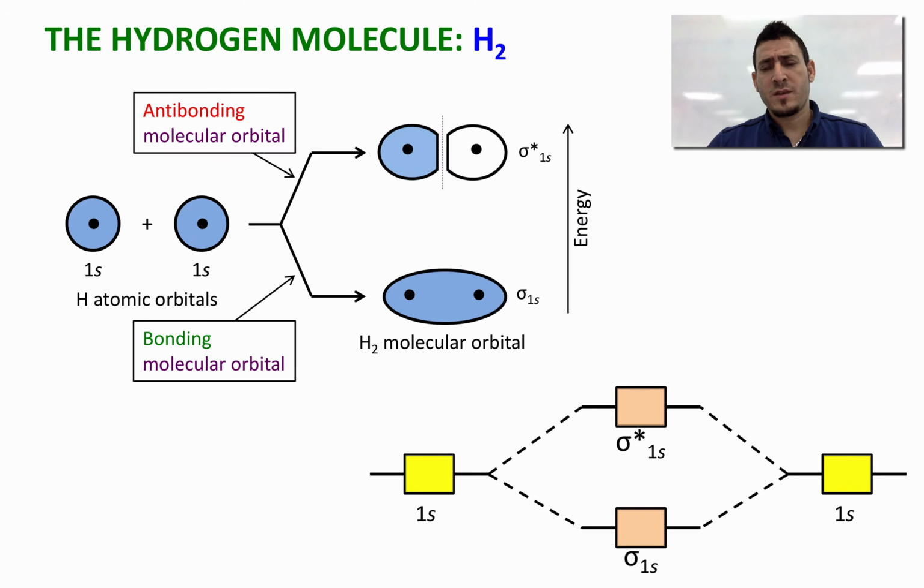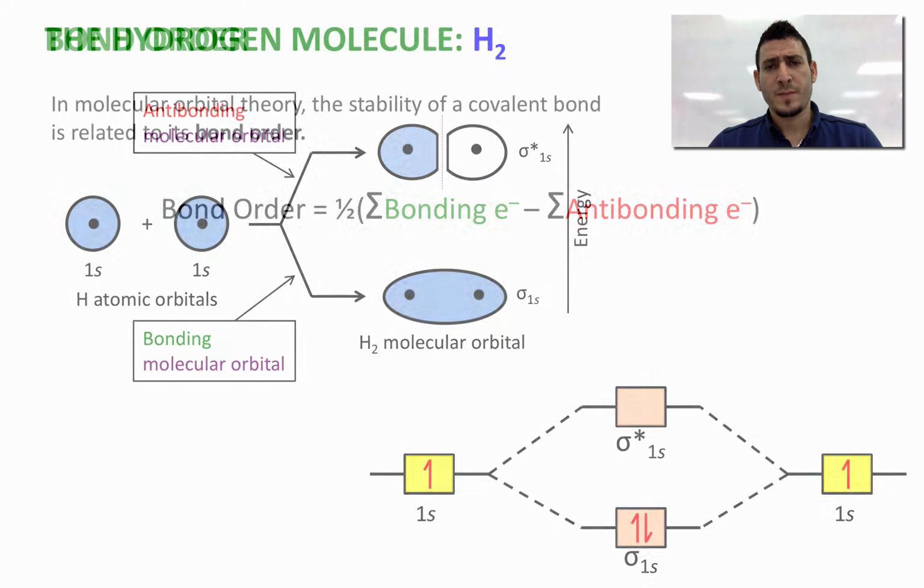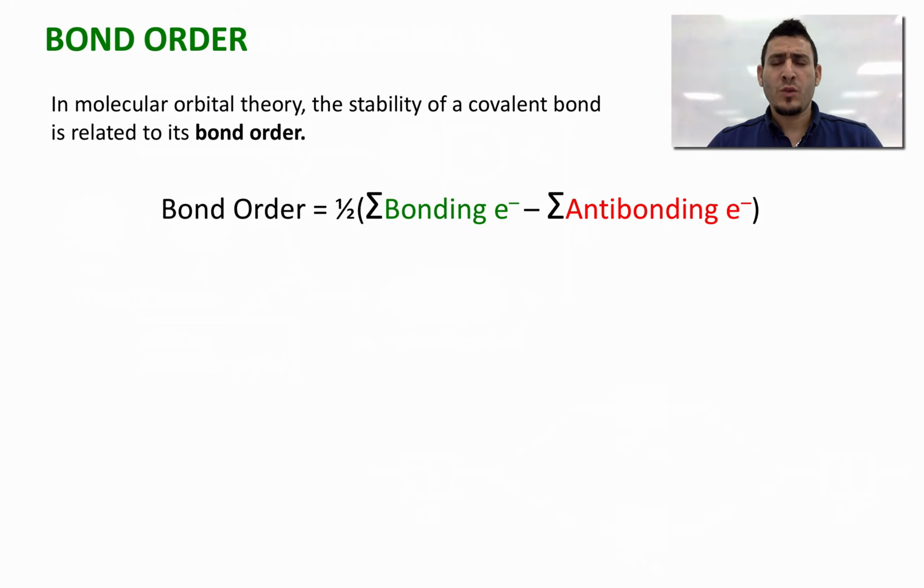Now if you consider the hydrogen atoms, every hydrogen atom will have one electron. These electrons will fill the sigma 1s orbital, and therefore the H2 molecule will have two electrons in the sigma 1s molecular orbital.